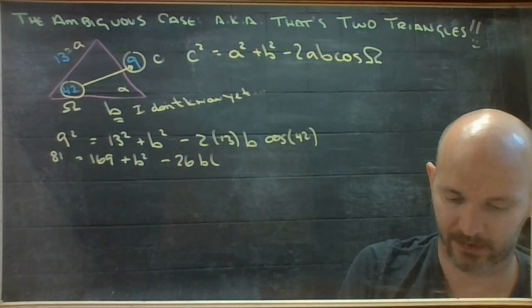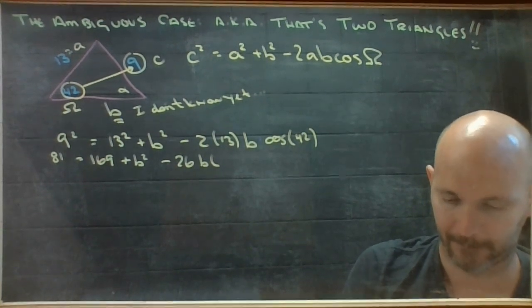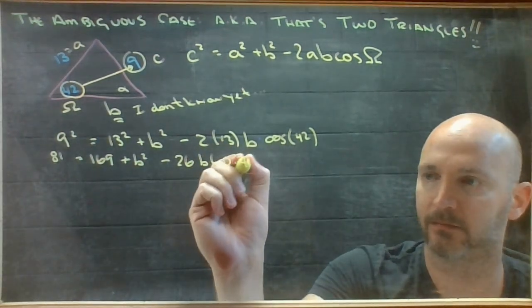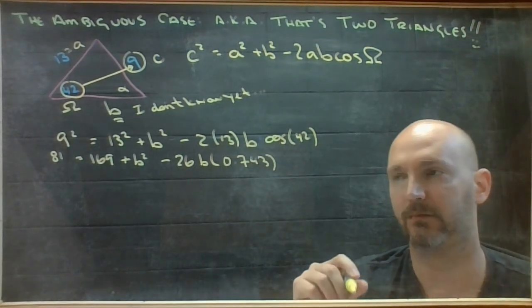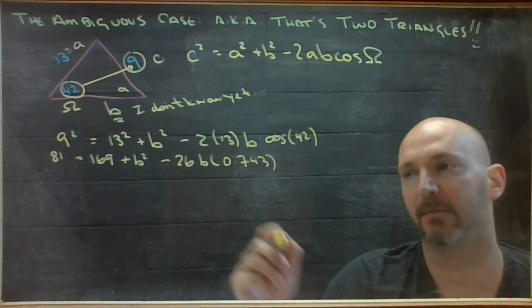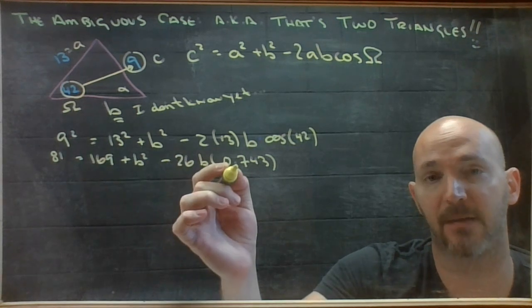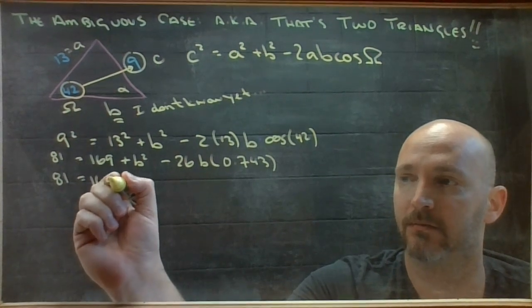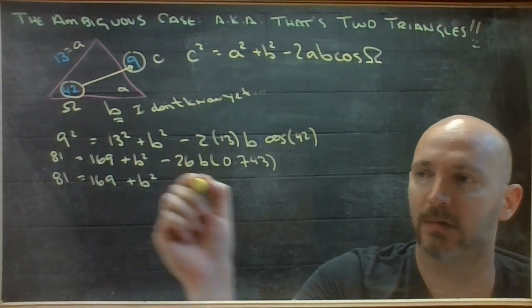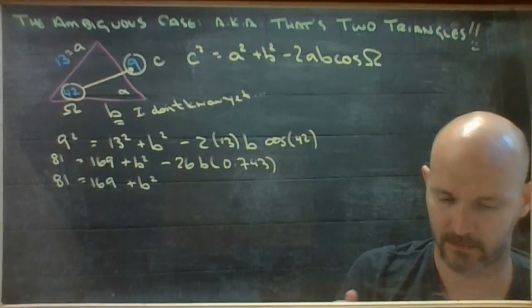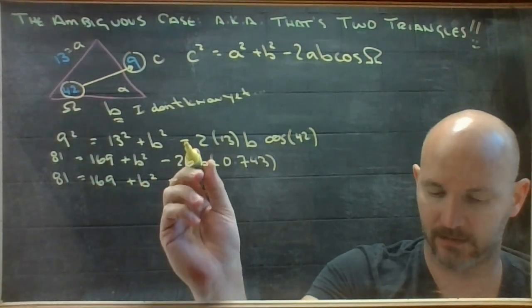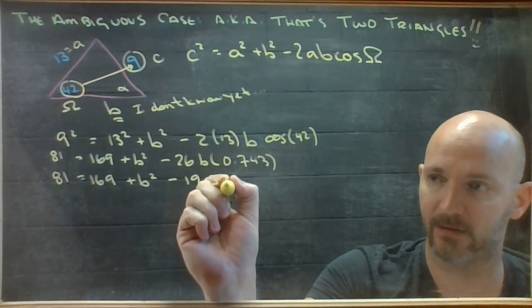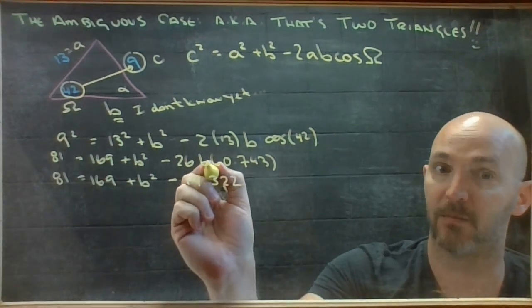And the cosine of 42 is 0.743. Okay, I'm going to do 26 times 0.743. So I get subtract 19.322 if I round, with a B still attached.